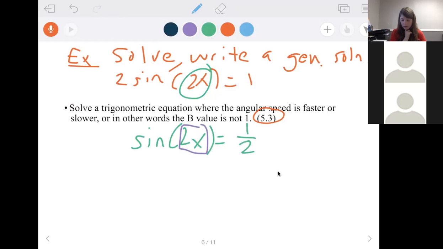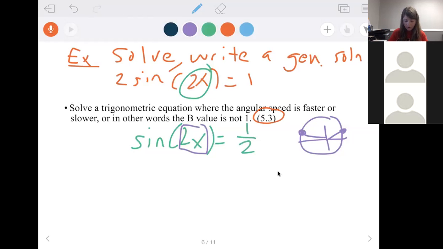Now, if we think about unit circle, always thinking back to unit circle, we have a place where our sine is 1/2 in the first quadrant, and then we're going to have a positive sine value in our second quadrant. They should look a little more symmetric. But the angles that we're looking for, where our sine is 1/2, is pi over 6 and 5 pi over 6.